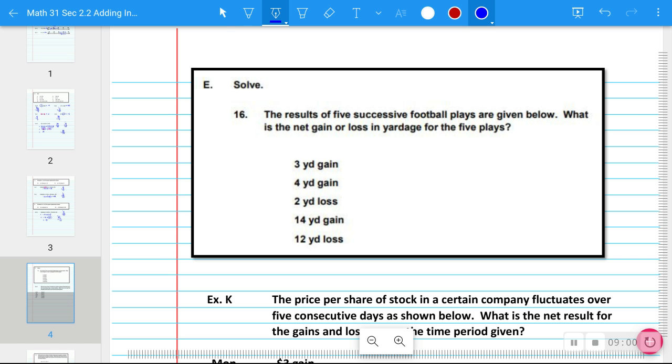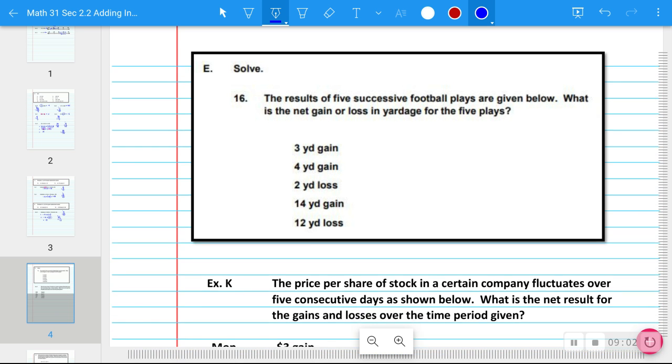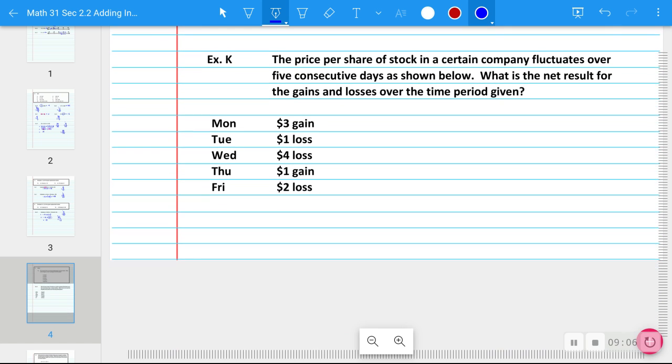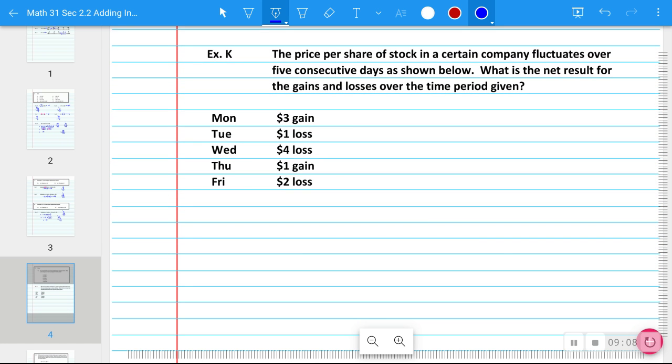Okay, we've got an example K here. A company whose stock prices fluctuate. They start out with a gain on Monday of $3, but then they have 2 days of losses followed by another gain and another loss. And we're going to find out the net result here. A gain is positive, and then we have 2 losses in a row here.